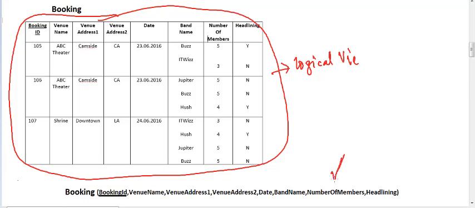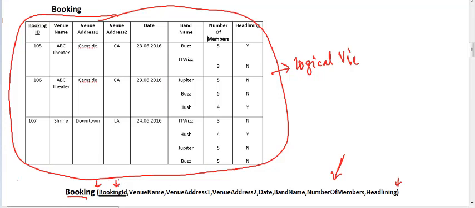So this is the definition of the table. The name of the table is booking, and everything within these parentheses are the fields: booking ID, venue name, venue address 1, venue address 2, and so on. All of these fields have been included within the parentheses. Booking ID, because it is the primary key, has been underlined.